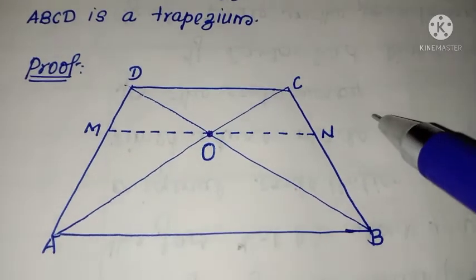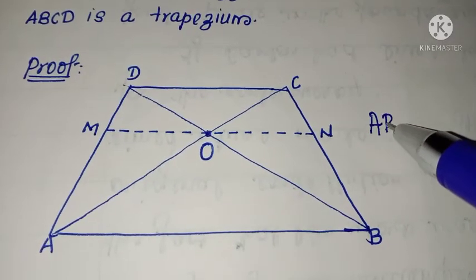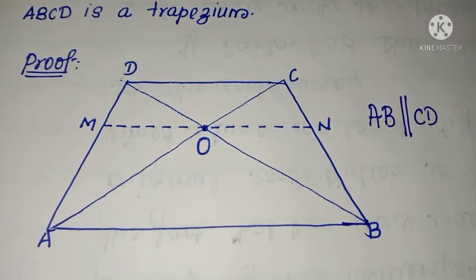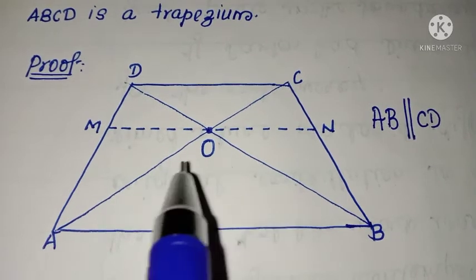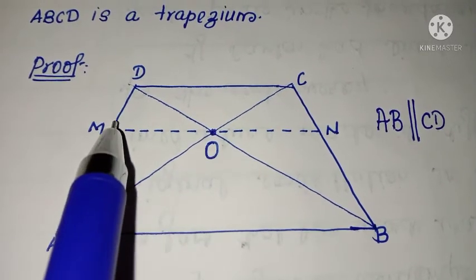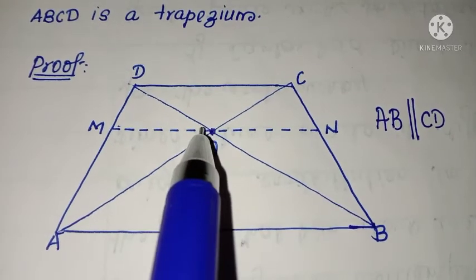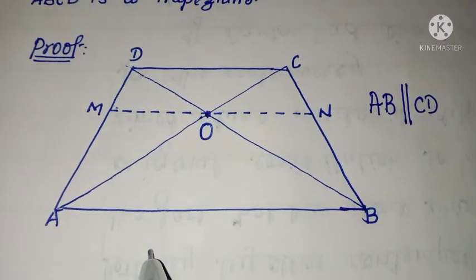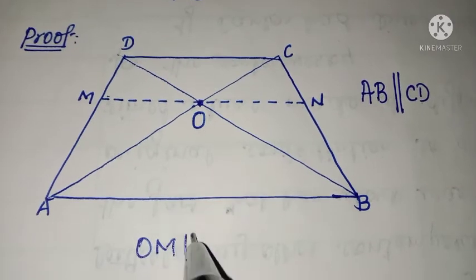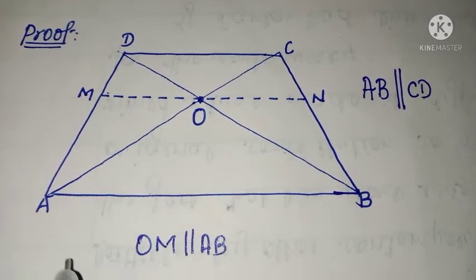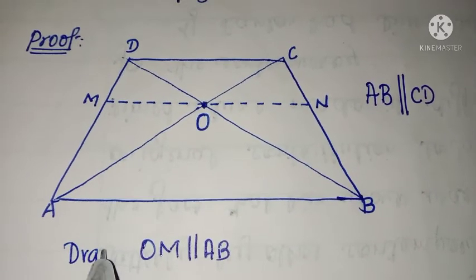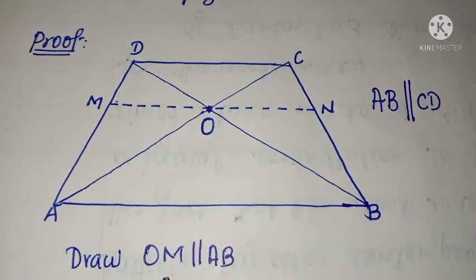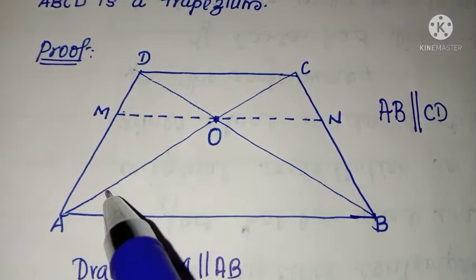So, to prove ABCD is a trapezium, we are going to prove that AB is parallel to CD. Okay. Now, in this quadrilateral ABCD, draw a line OM such that OM is parallel to AB.